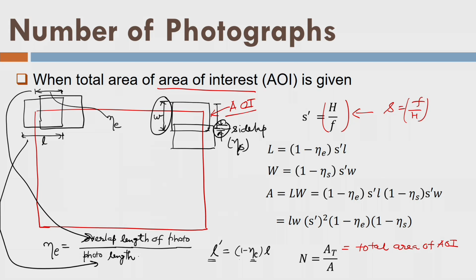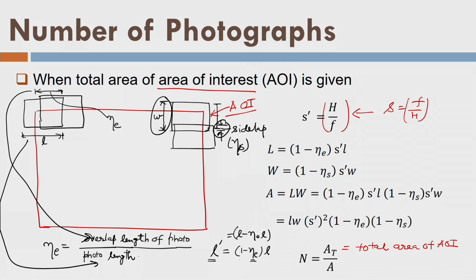So if I subtract eta e L from L, then I will get the effective coverage, or the real area acquired by the image. Now, if I multiply this by the inverse of the scale, S dash, I will get the total length on the ground.